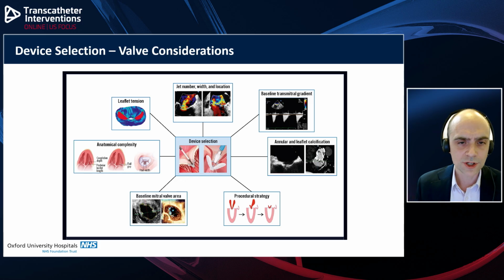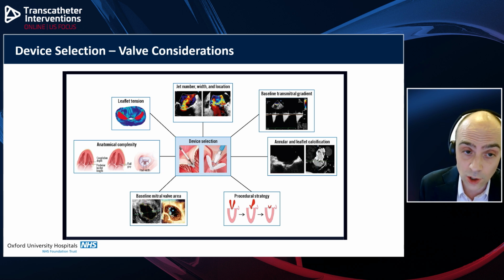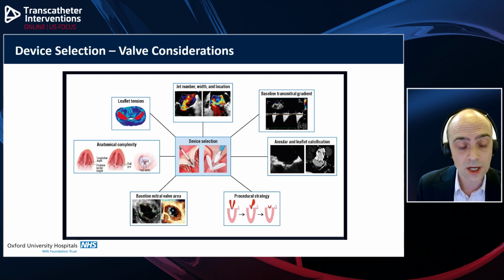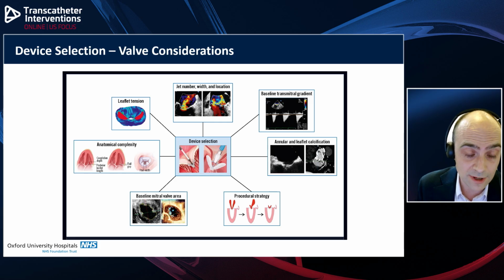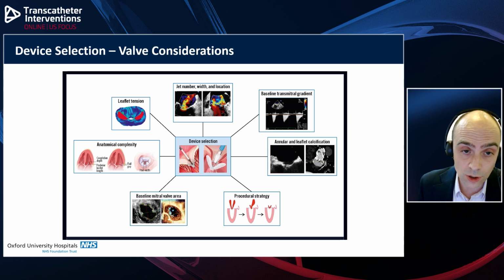So how do we make those decisions? Well, we've talked about anatomical complexity of the valve at 9 o'clock, but the other considerations are going to be leaflet tension. And again, if you want leaflet tension, for example, if you're really looking for a good annuloplasty effect, then my personal view is that MitraClip gives you a really good hold of the leaflets. But you need to be thinking also about jet number, width, and location. How many devices are you thinking you're going to need, and where are they going to be deployed?